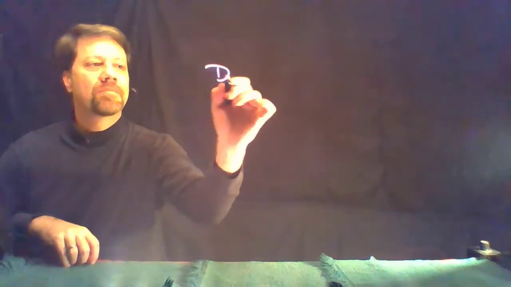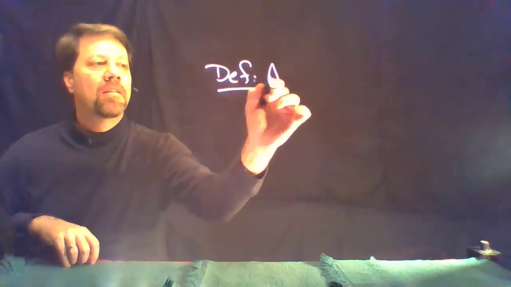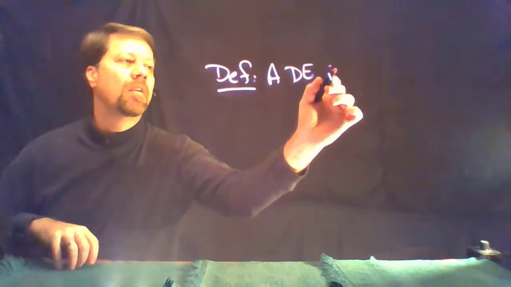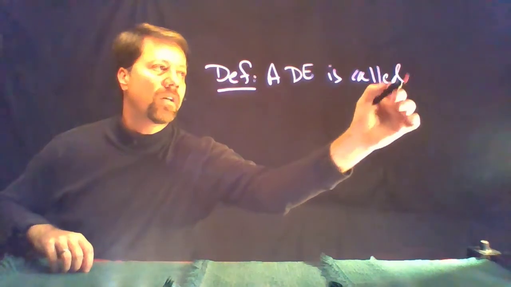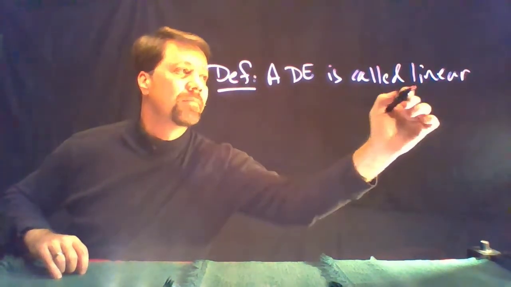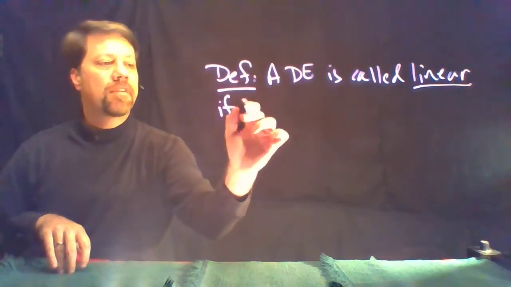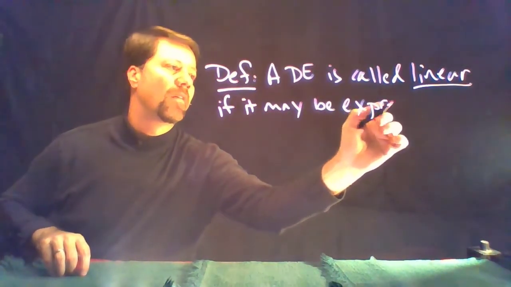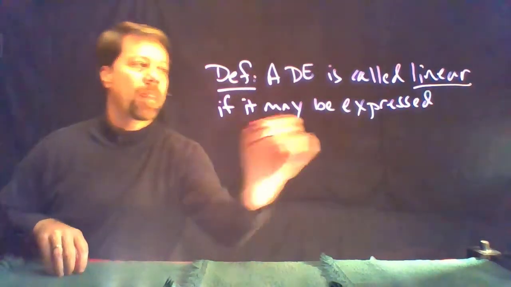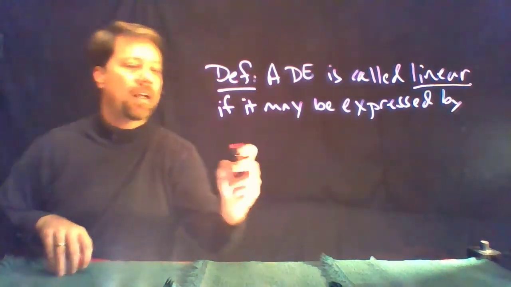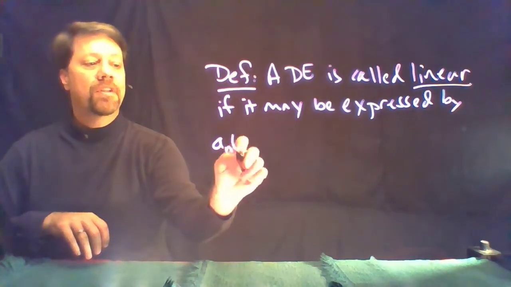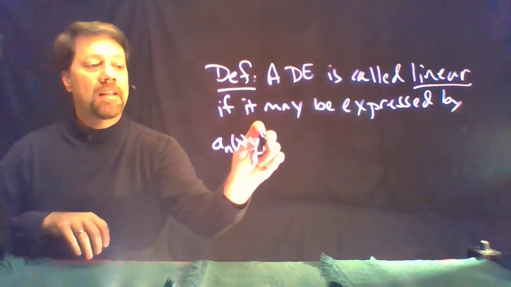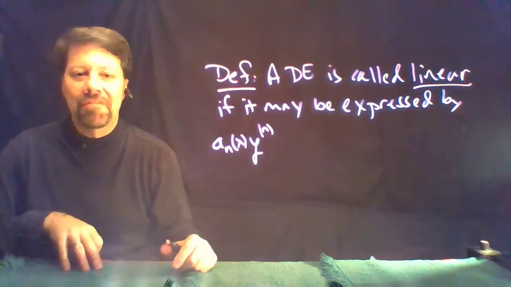Among the most important classes of differential equations that we are going to study are the linear equations. A differential equation is called linear if it may be expressed by an arbitrary function of x times the nth order derivative of the unknown function y.